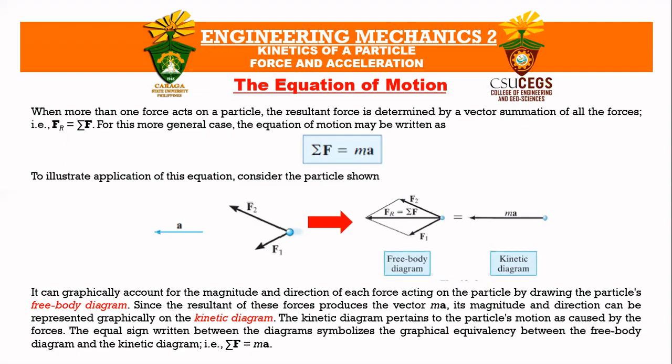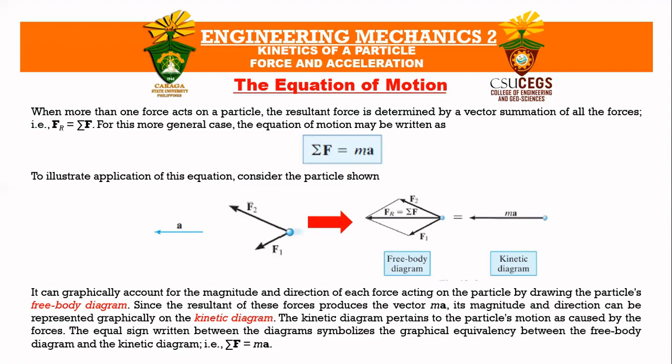It can graphically account for the magnitude and direction of each force acting on the particle by drawing the particle's free body diagram. And since the resultant of these forces produces the vector ma, its magnitude and direction can be represented graphically on the kinetic diagram. So the kinetic diagram pertains to the particle's motion as caused by the forces.